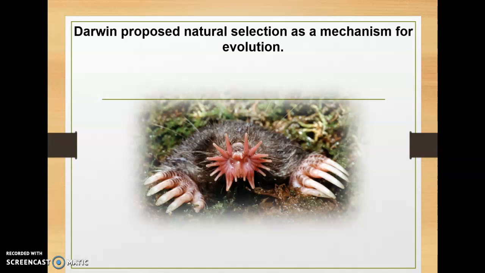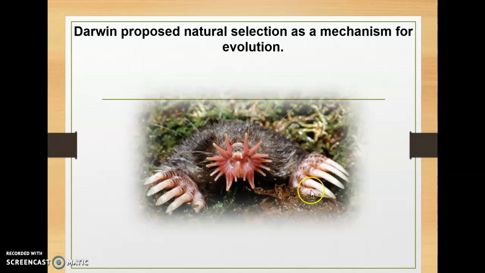So when you look at this little mole rat, you can start to look at its body and think about what its environment must be like in order for it to have the adaptations that it does. So we can see its big creepy claws. Here's its nose. Don't really see eyes, so it's kind of blind. So you can think about what would be the advantage of having a nose like this.